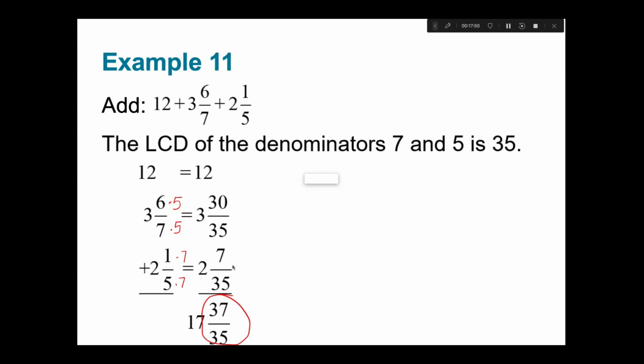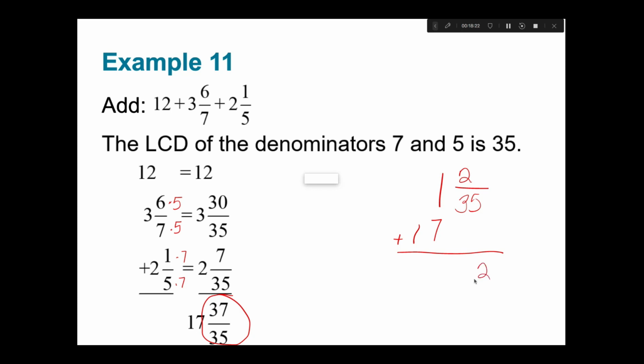35 goes into 37 how many times? Just once. Just once with how many left over? So it would be 1 2/35. We're on the back side working out some examples. Now I also have my whole number 17 hanging out down here. So I have to add that on. There's nothing to add to my fraction.